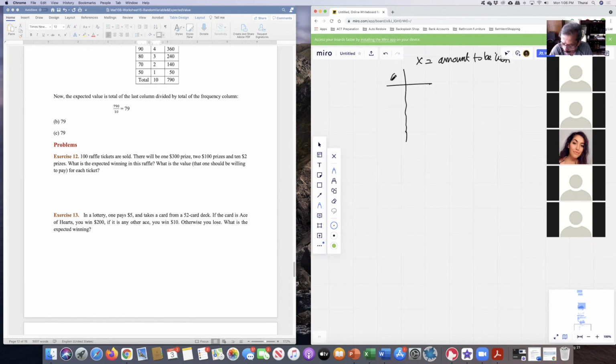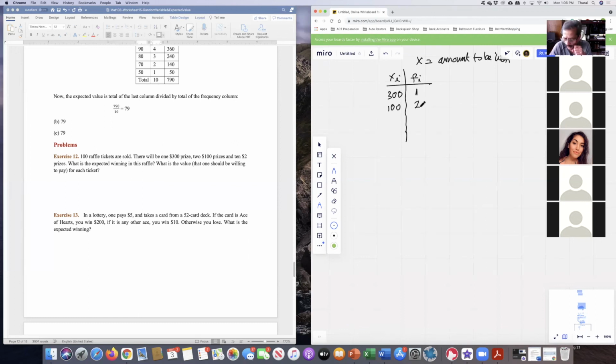Okay, so Xi, the value of the random variable, goes in the first column, and the frequency goes in the second column. Or if they give you probabilities, then you put the probabilities. In this case, they've given us frequencies. So there will be a $300 prize with what frequency? 1. And $100 prize has what frequency? 2.